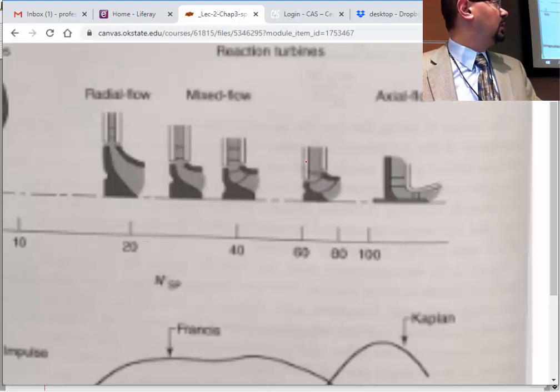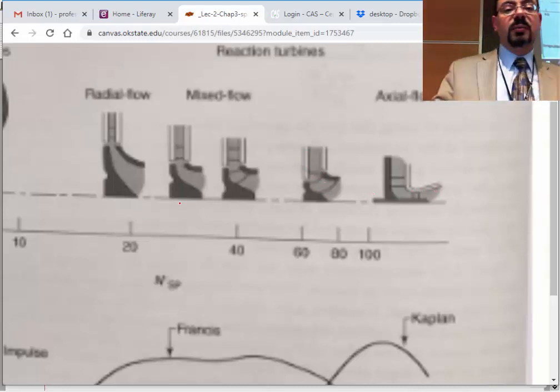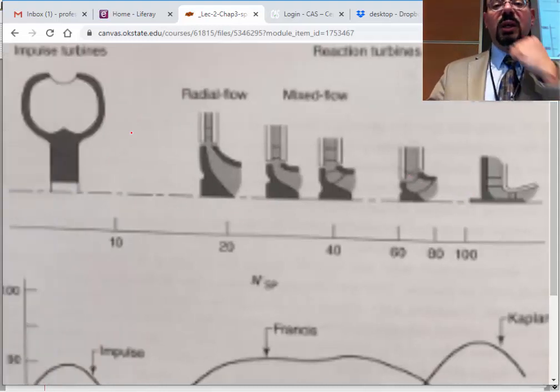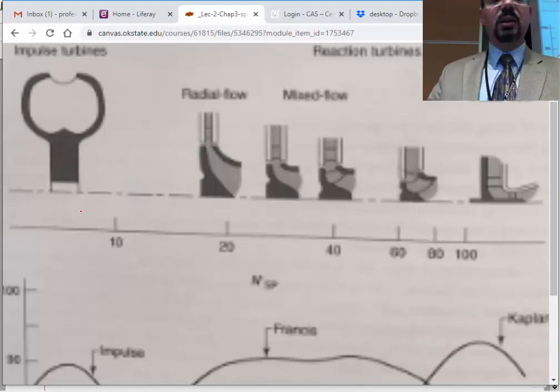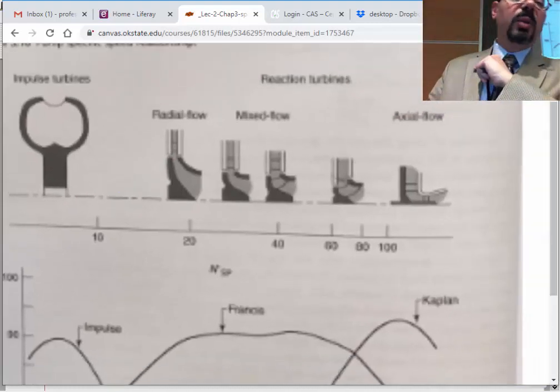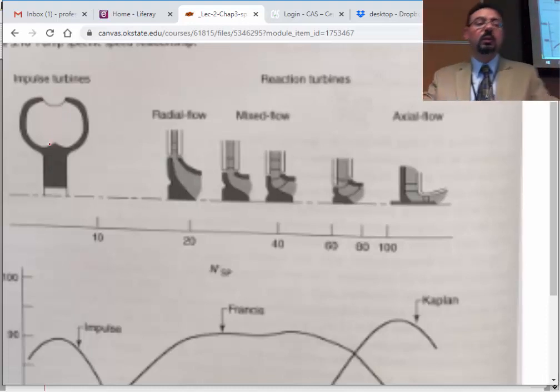And this is the mixed one where the flow will come a little bit with an angle and leave axial, right? And eventually you go to the pure radial turbine where the flow comes all radial and leaves axial. And in a category by itself, the Pelton wheel or the impulse turbine.